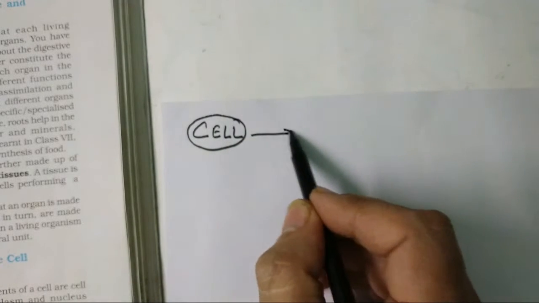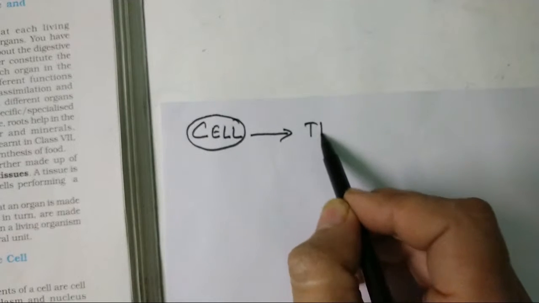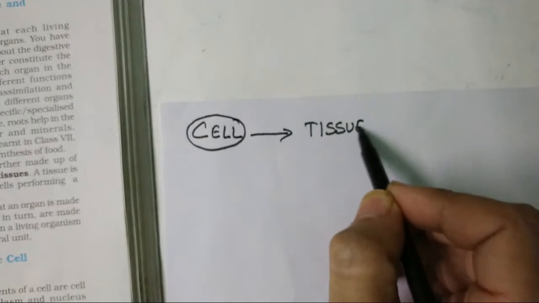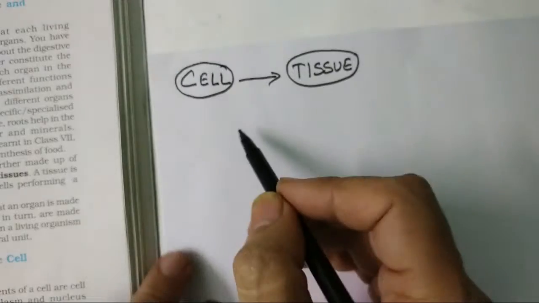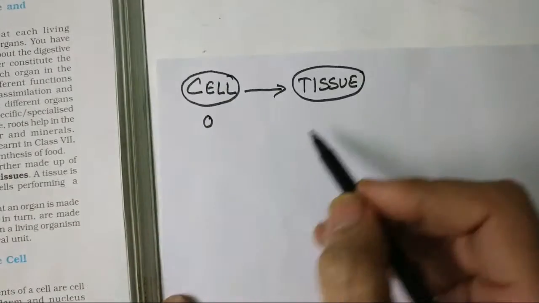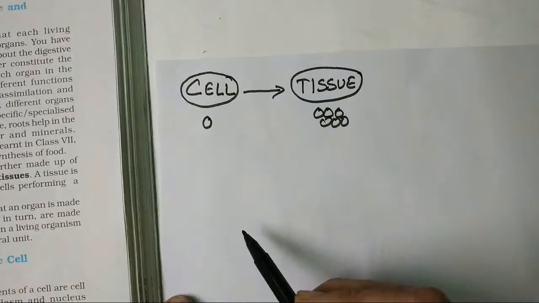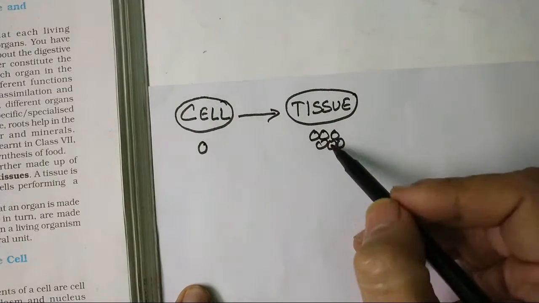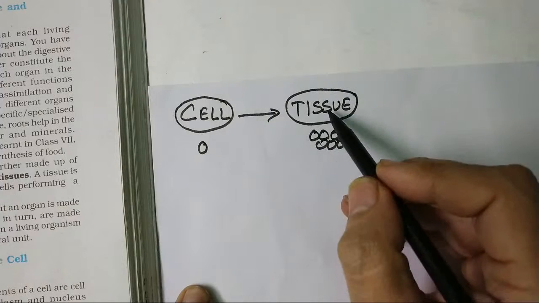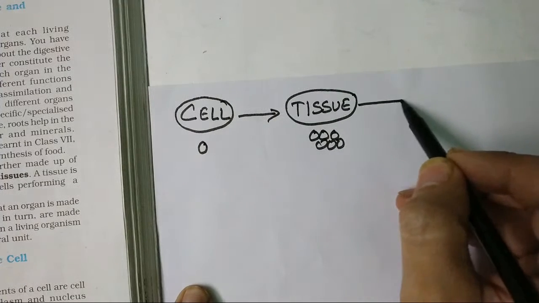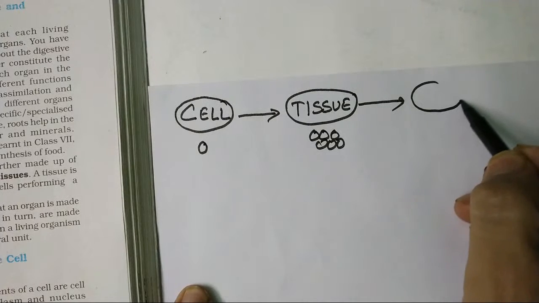Now when many cells combine, they make a tissue. A cell is one single unit, and when many cells join together, they form a tissue. So a group of cells is called a tissue, and when many tissues join, they make an organ.